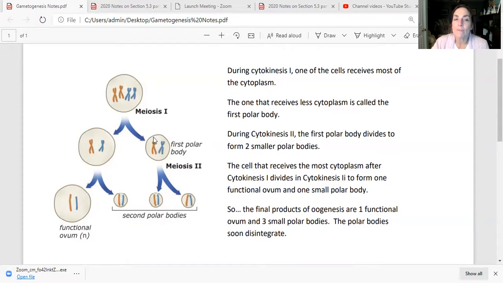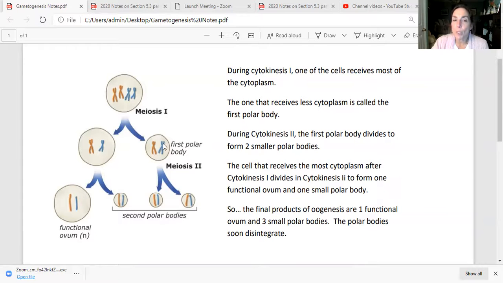The one that gets very little cytoplasm is called the first polar body. And the one that gets the most cytoplasm is the one that eventually is going to divide to become the egg. So we'll get back to that in a minute.